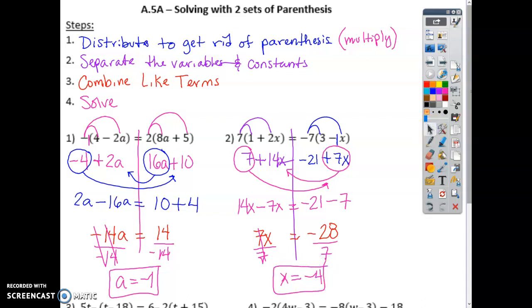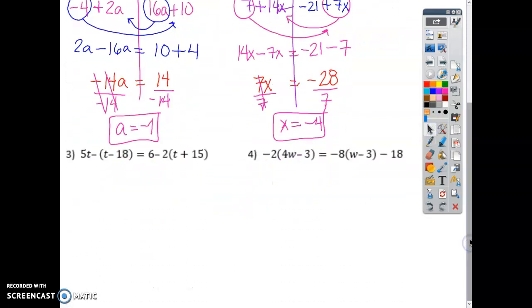Okay, problem number 3. I'm going to distribute the negative 1 here and here, not the 5t. And I'm going to distribute this negative 2 here and here.